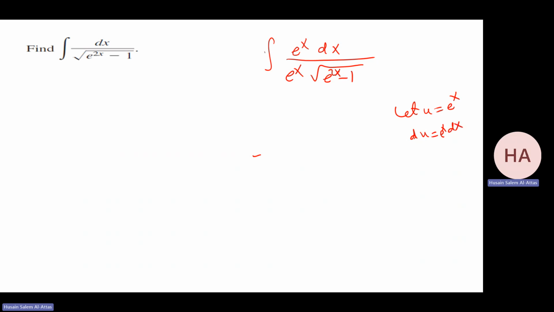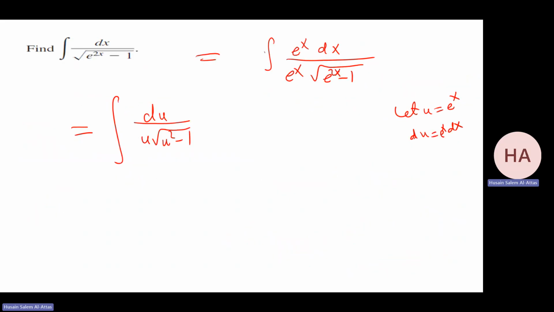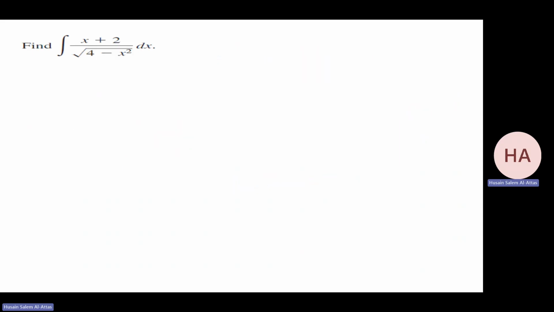So this integral will be the integral of du over u times the square root of u squared minus 1, which is just the secant inverse, where a equals 1. So that will be secant inverse of u plus c, which is secant inverse of e to the x plus c. That will be the answer.